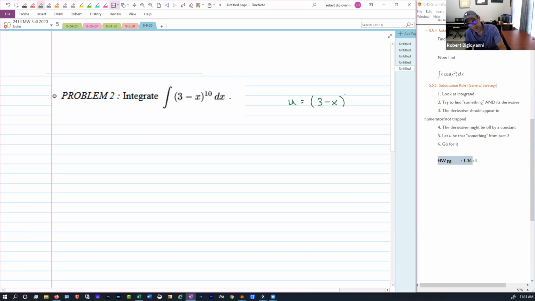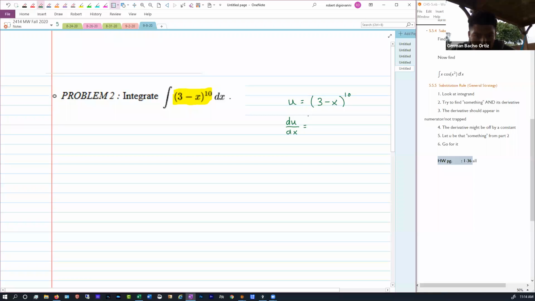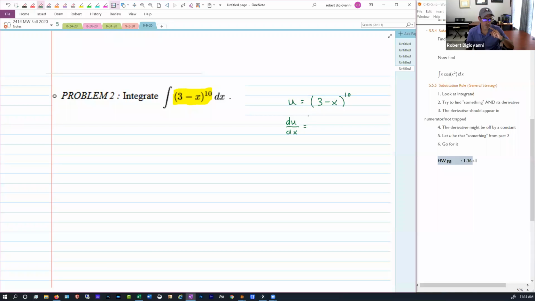Okay. So everyone, what German has decided is to make all of this u, okay? Now, German, if you do that, you have to take the derivative of this with respect to x. So what would be the derivative of that with respect to x? It could be 3 minus x. That's it. If you're taking the derivative, you're going to have to do the chain rule.